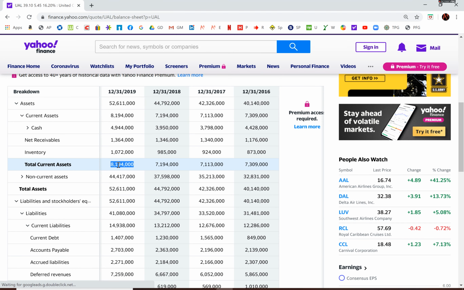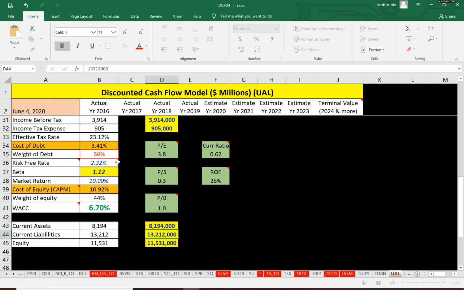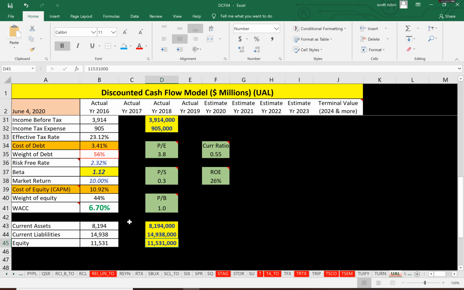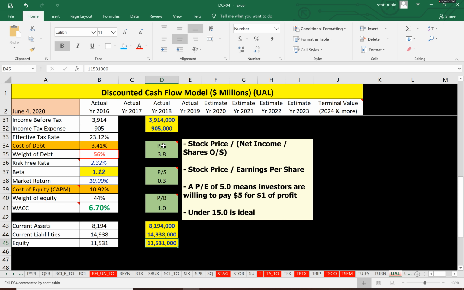Let me get the 2019 numbers and the current liabilities. Okay, so equity is total assets minus total liabilities. Some people call equity net assets. So now we have the ratios populated.